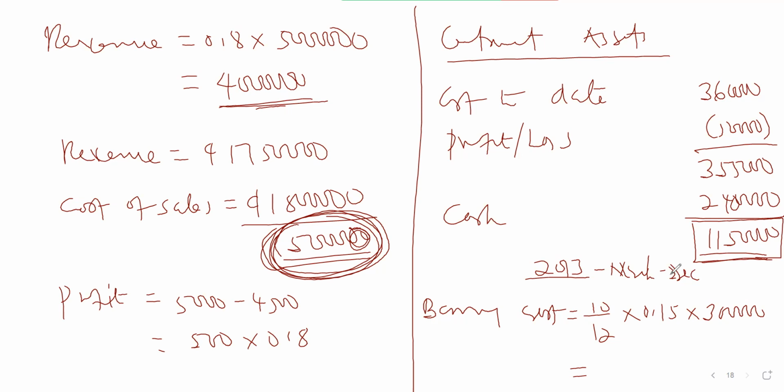That gives us $37,500. You can see that none of the general borrowing was used in 2013, isn't it?